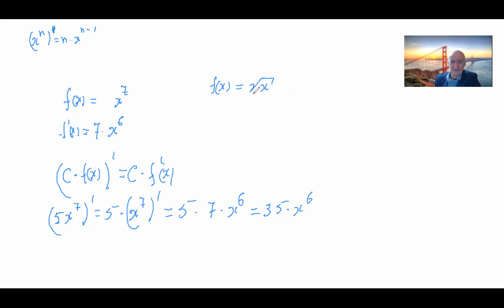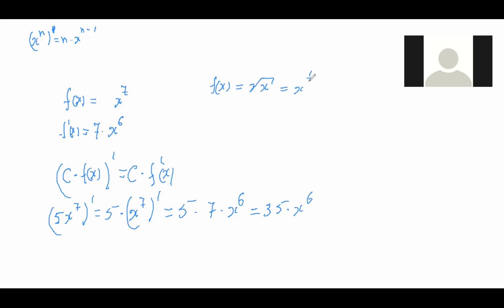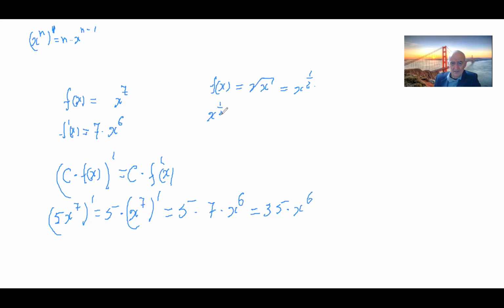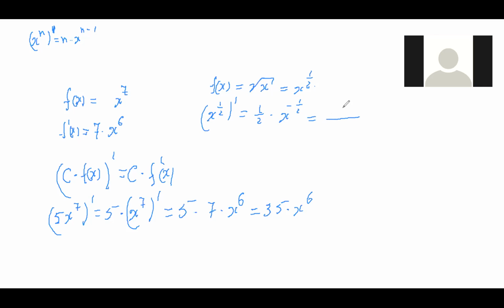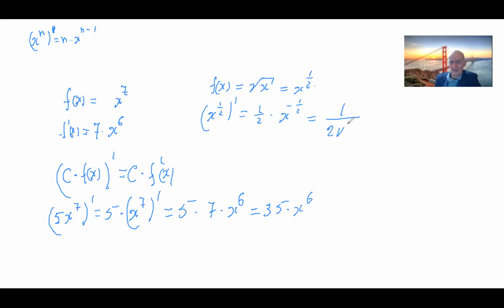We can represent it as x to the power 1/2 and then find the derivative. The derivative equals 1/2 times x to the power 1/2 minus 1, which is negative 1/2. So I can write it as 1/(2 times square root of x).